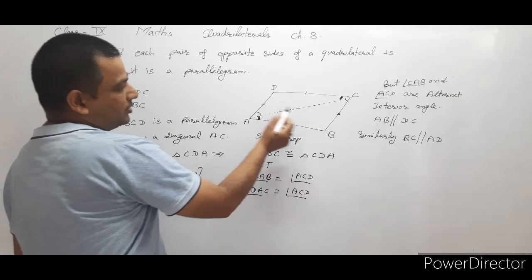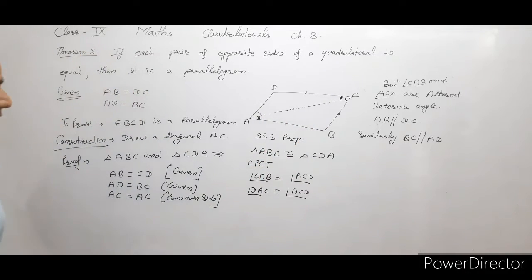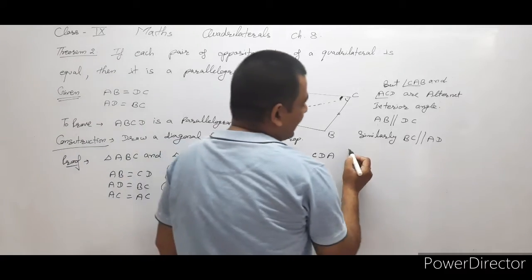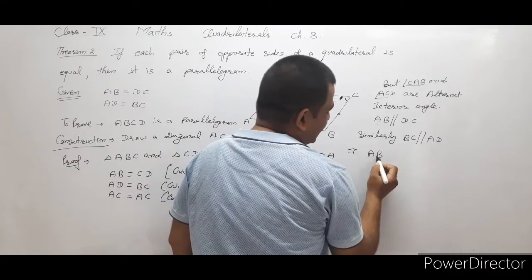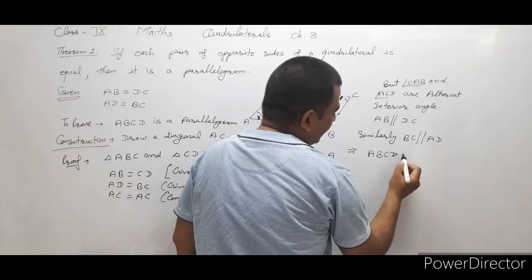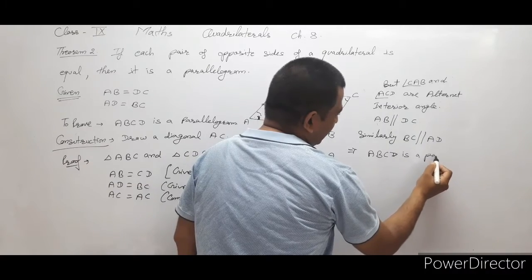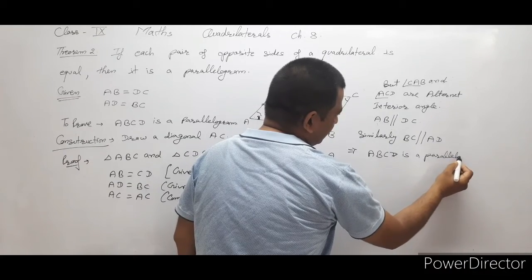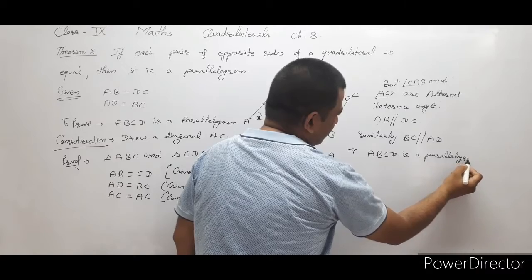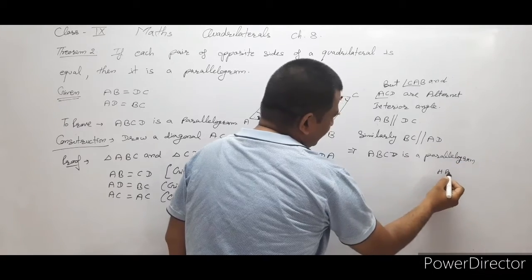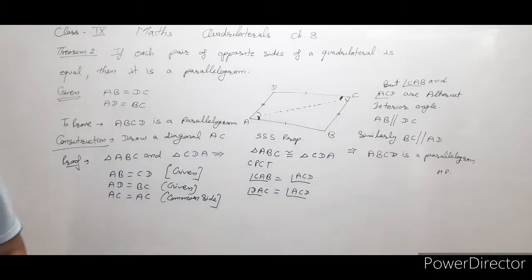These two sides are also parallel. Already we wrote here that these opposite sides are equal. We proved that opposite sides are parallel also. That means ABCD is a parallelogram. That is the proof of our theorem number 2.